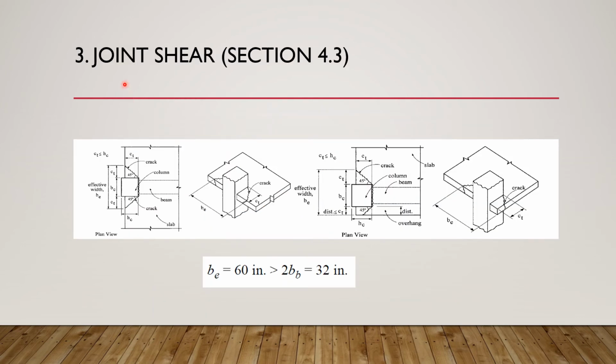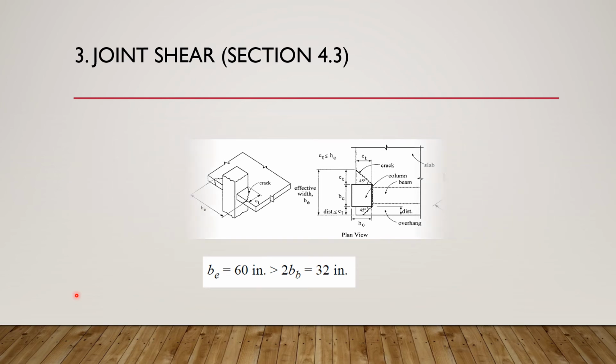Then we have the joint shear. The shear forces in the joint are, in this case, we have to find an effective area that we can use in the expression, and we have to check in here.